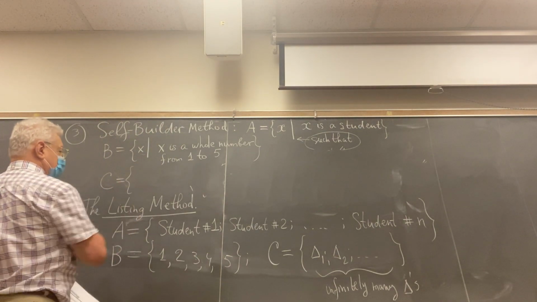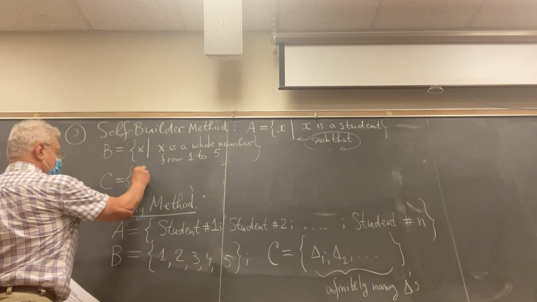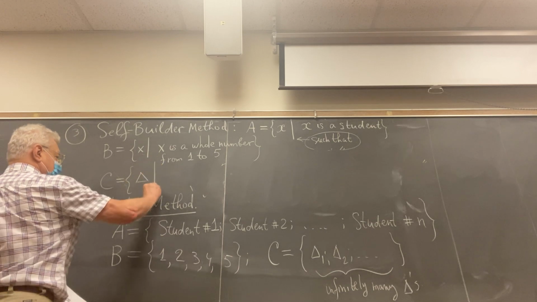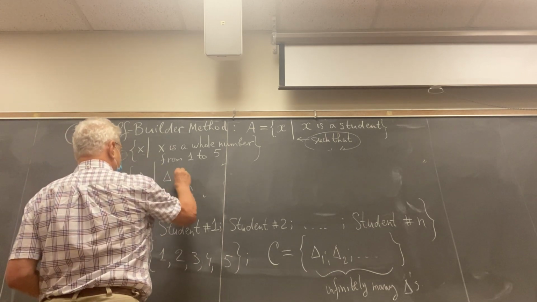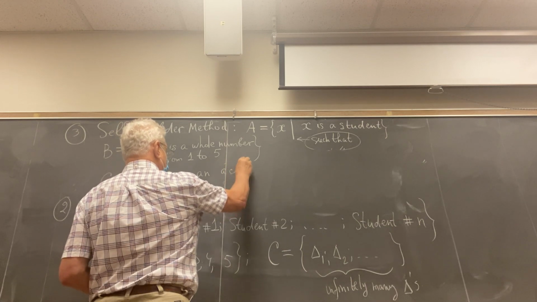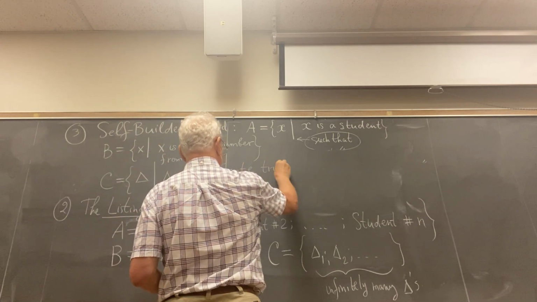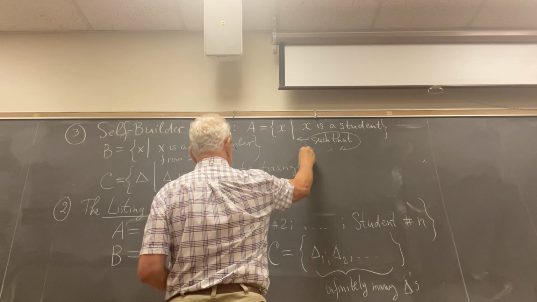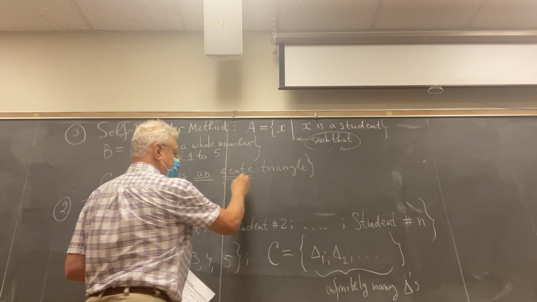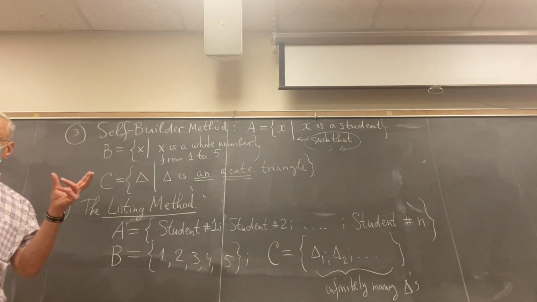Let me now use the letter delta, as I used before: delta such that delta is an acute triangle. So you see, I describe a single element.